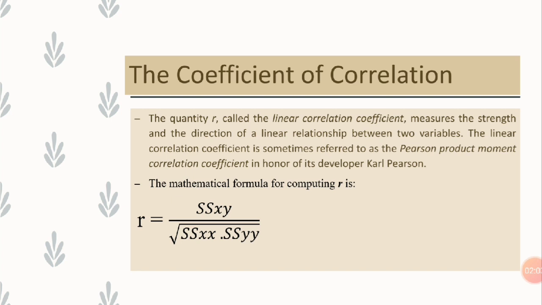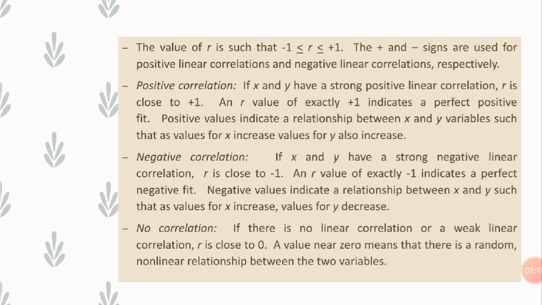The mathematical formulation is shown on the slide. The value of r is such that r is between minus 1 and plus 1. The plus and minus signs are used for positive linear correlation and negative linear correlation respectively.